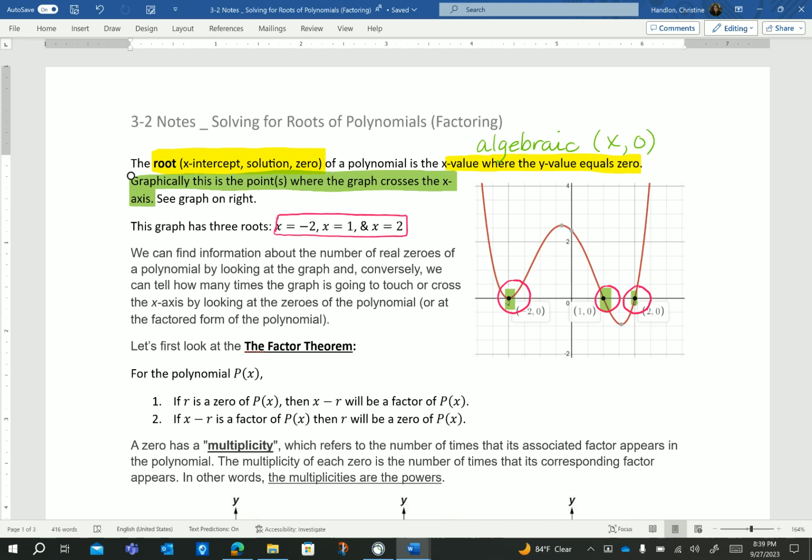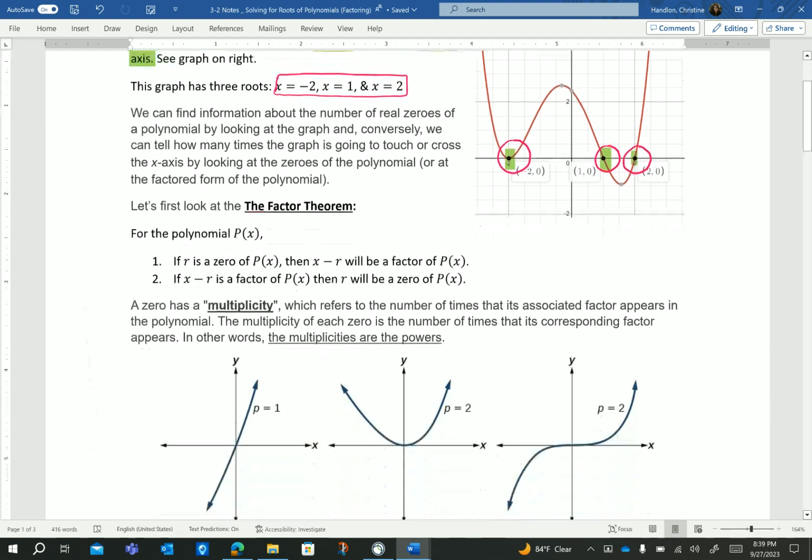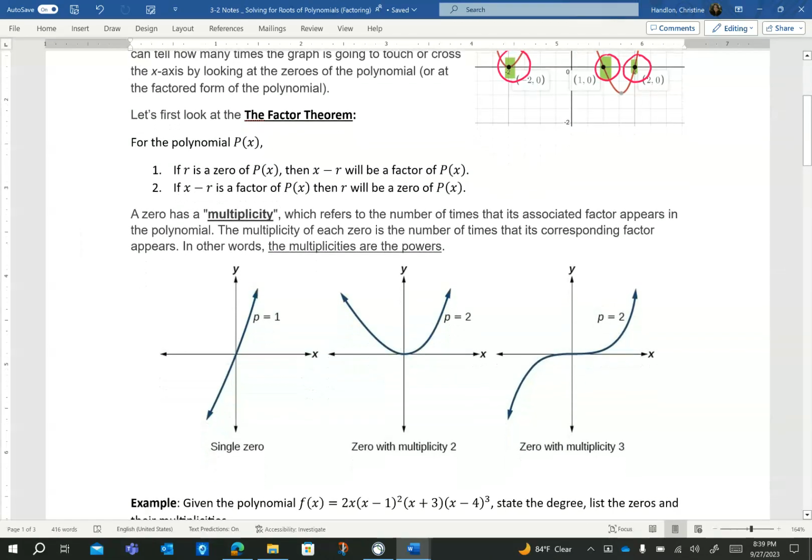So what I'm going to have you do is skip this section here of factor theorem, and let's go down here to where we're talking about multiplicity. Okay, so read along with me on this paragraph. A 0 has a multiplicity, which refers to the number of times that its associated factor appears in the polynomial.